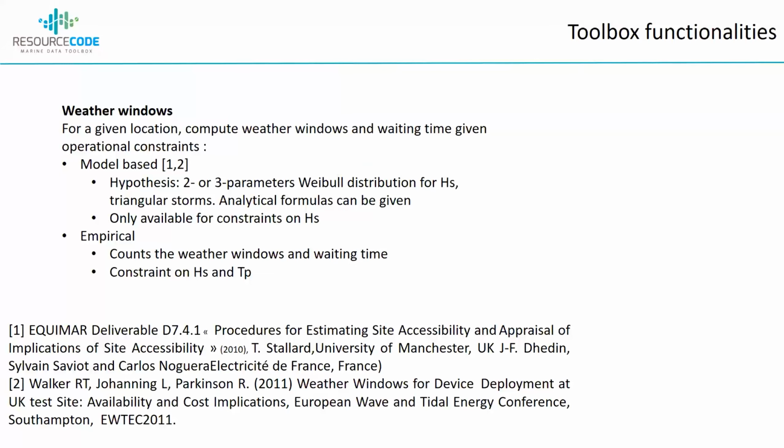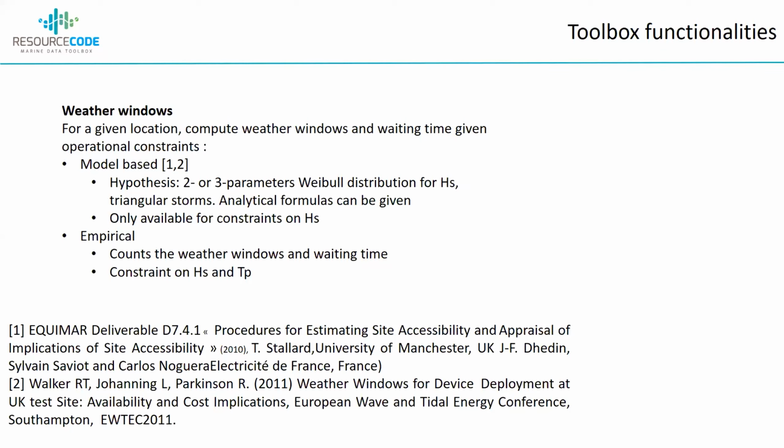The last function that I want to describe is the weather window. Here, for a given location, we want to compute the weather window and the waiting time for any operation, given some constraint. The first approach is the model-based approach, which is based on a methodology developed during the EKIMAR project.